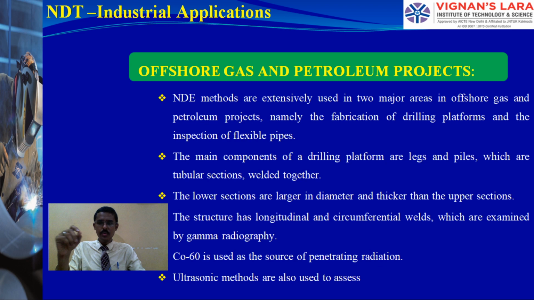So this is how we have seen the applications of NDT in aerospace and automobile industries. So the summary: as of now, we have seen the various applications of NDT techniques. Up to now, we have covered how it is used in railways, in aerospace aircraft, in pressure vessels, and also in automobiles.